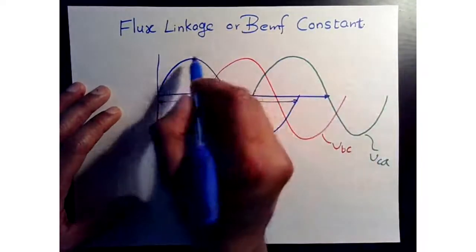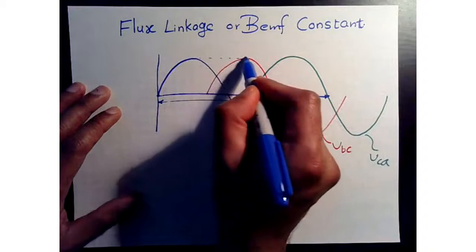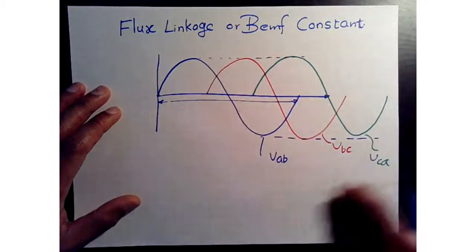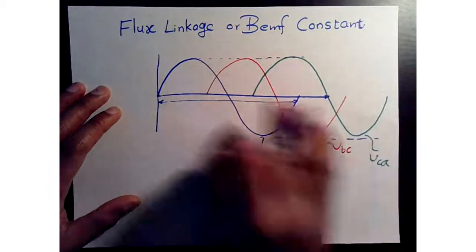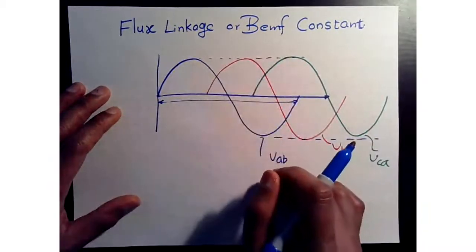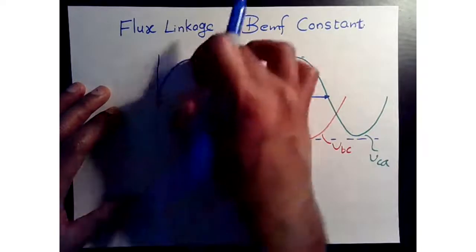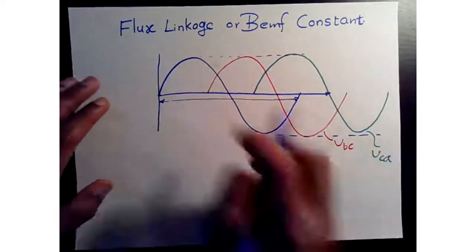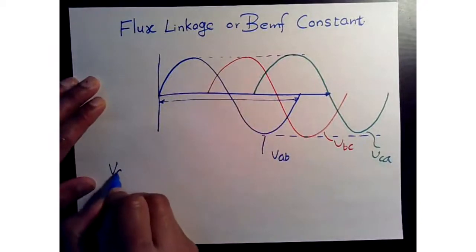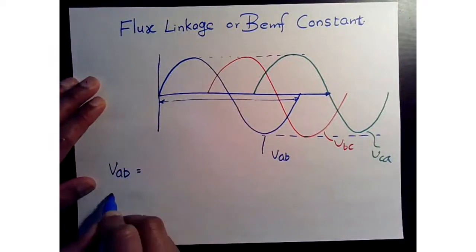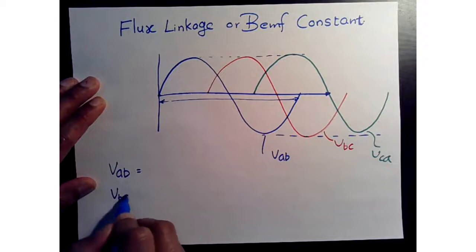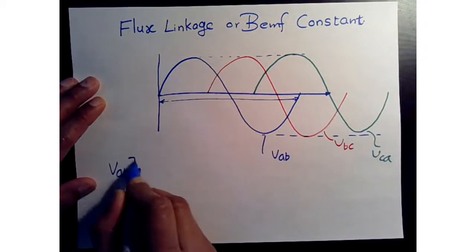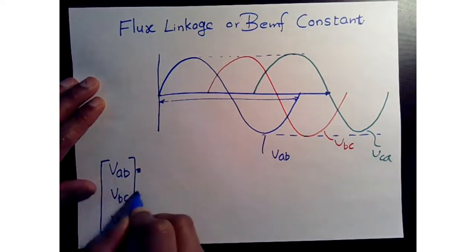And for a good, well-designed motor, these peaks are going to be identical. There might be slight variation, but in general, they're going to have the same peak values, which means they are of the same amplitude. And then for each of these, we can write the relationship VAB, VBC, VCA. Let's write this as a vector, it's easier.